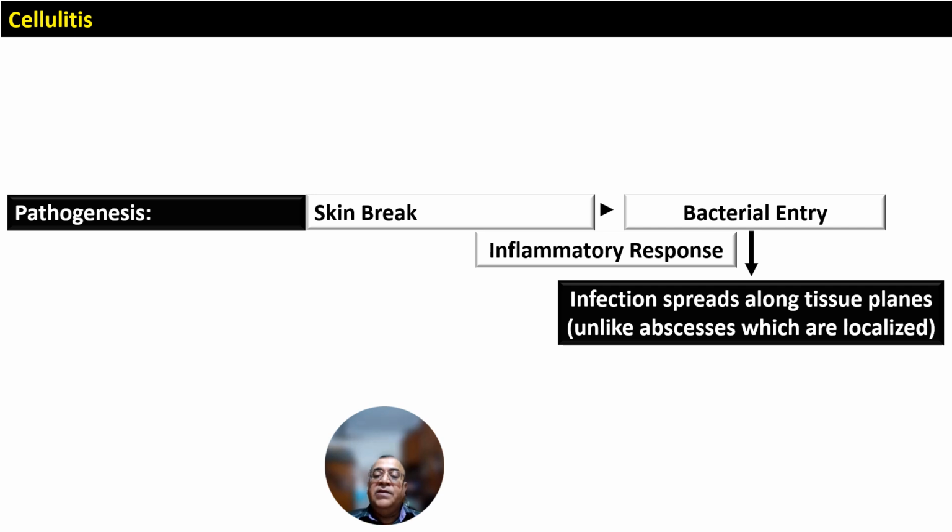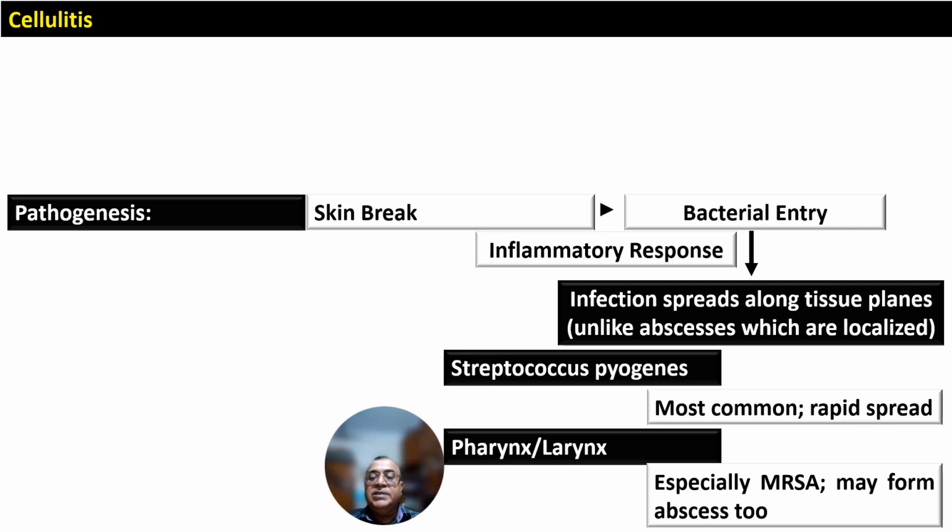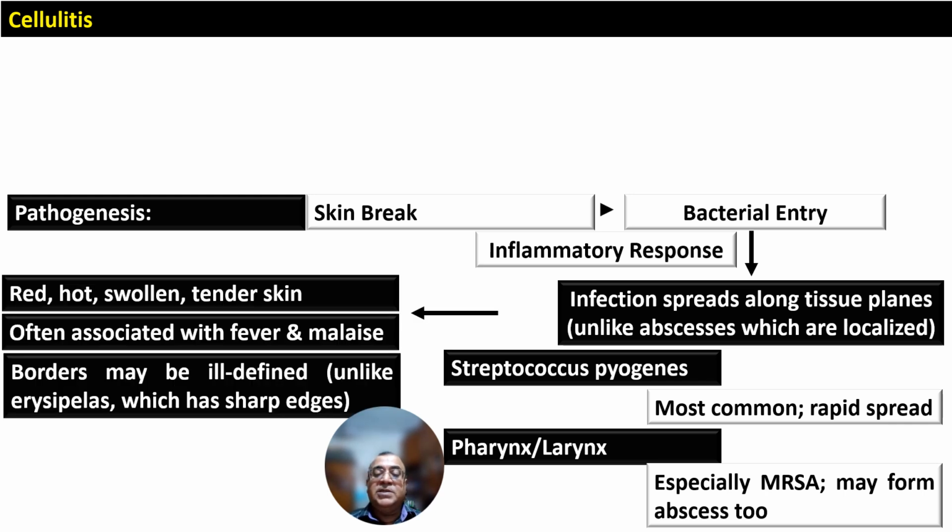And infection is spread along the tissue plane, unlike abscess that localizes the infection. So over here, the infection spreads along the tissue planes. One example is Streptococcus pyogenes that is more common, and there is rapid spread, while in the pharynx and larynx, MRSA or methicillin resistant Staph aureus are responsible, and they may form abscess.